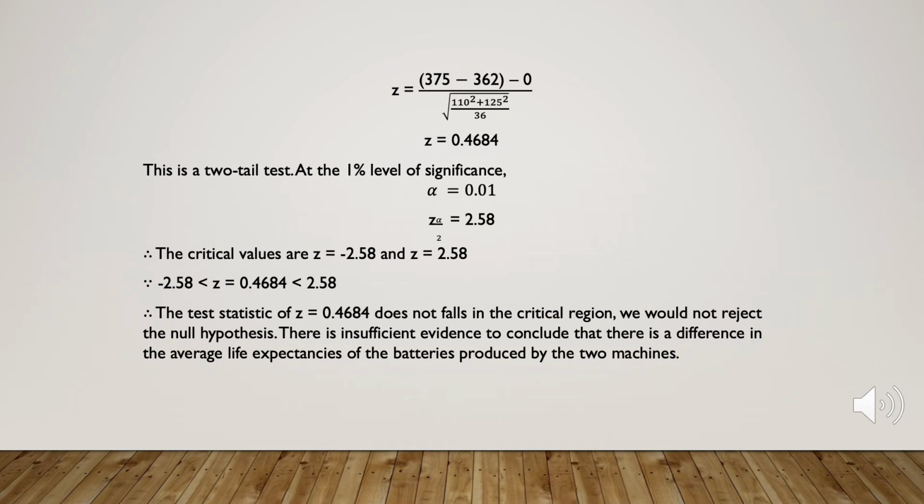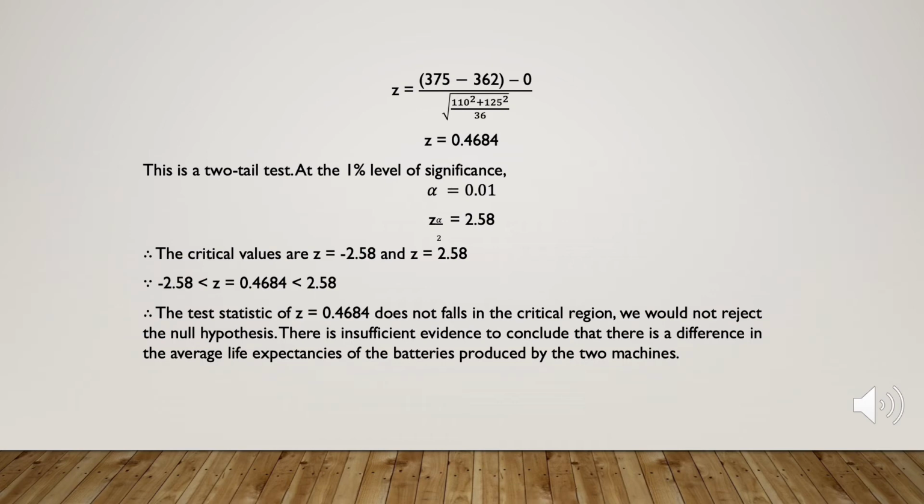So we got Z equal to 0.4684. Because this is a two-tailed test, at the 1% level of significance, we find Z alpha over 2, which is equal to 2.58. The critical values are Z equal to negative 2.58 and Z equal to 2.58.